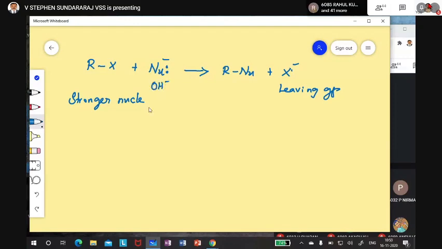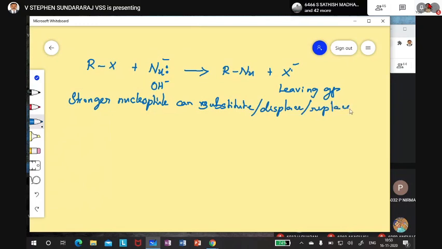Okay, a stronger nucleophile can substitute or displace or replace a weaker nucleophile. Okay, nucleophile.